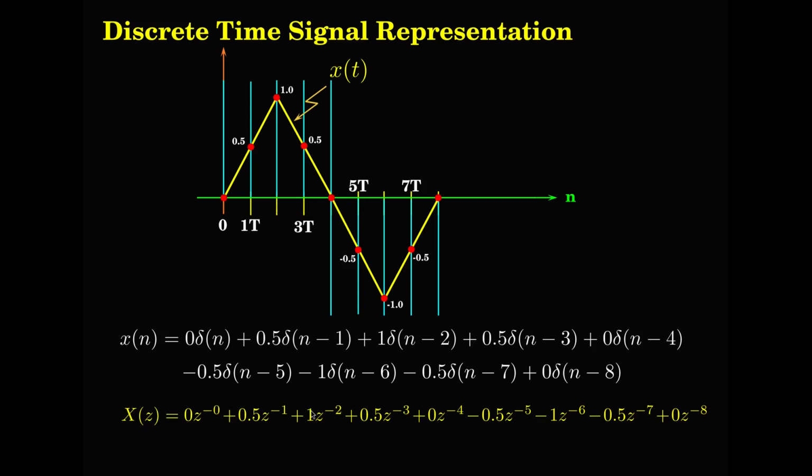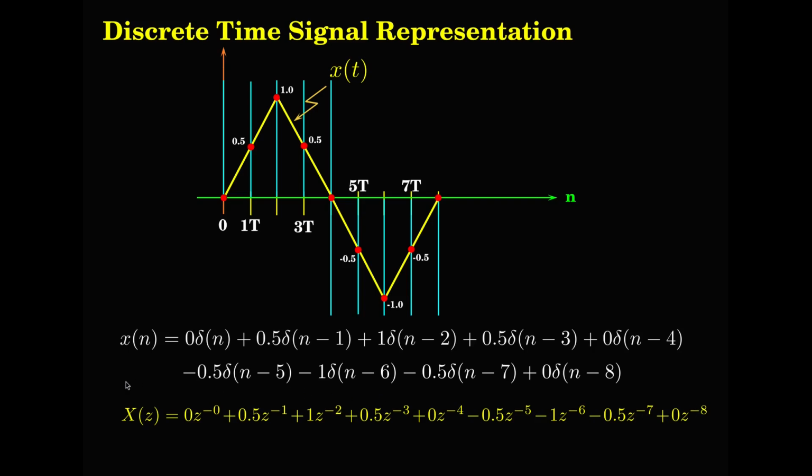At 2 sample time, value is 1 z to the power of minus 2, plus at 3 sample time, value is 0.5 z to the power of minus 3, plus 0 at 4th sample time, z to the power of minus 4. Then at 5th sample time, minus 0.5 z to the power of minus 5, minus 1 z to the power of minus 6, minus 0.5 z to the power of minus 7, then plus 0, this is 0 at z to the power of minus 8.